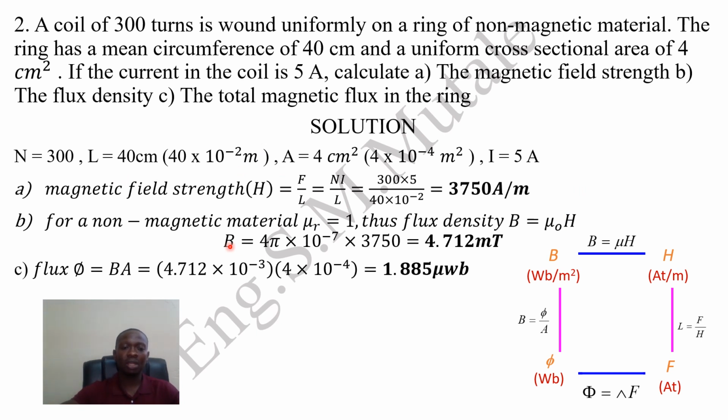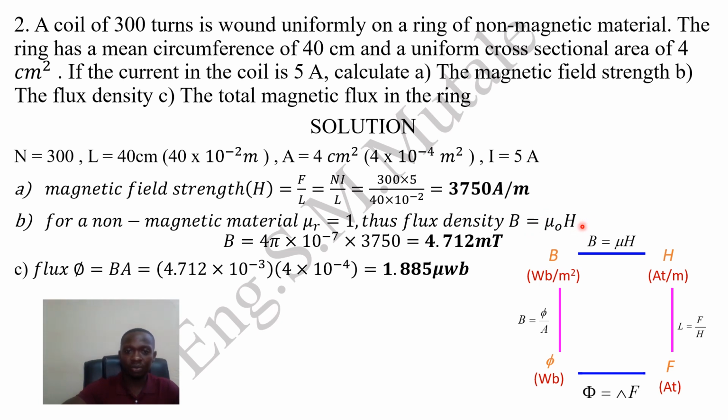Then we go to B, which is for a non-magnetic material. B asks us to calculate the flux density, and we know a non-magnetic material has a relative permeability of 1. The flux density is B equals mu times H, but mu is the product of the absolute and the relative permeability, and since the relative permeability is 1, this is just the absolute permeability, a constant: 4 pi times 10 to the power negative 7.